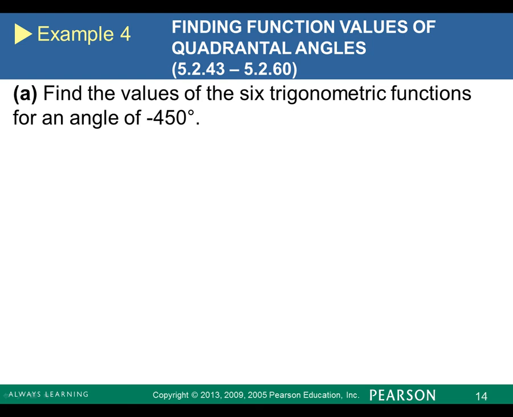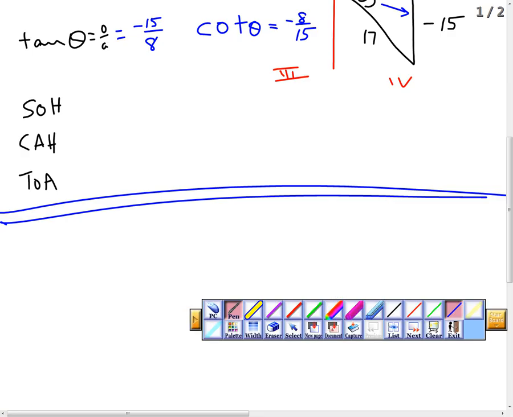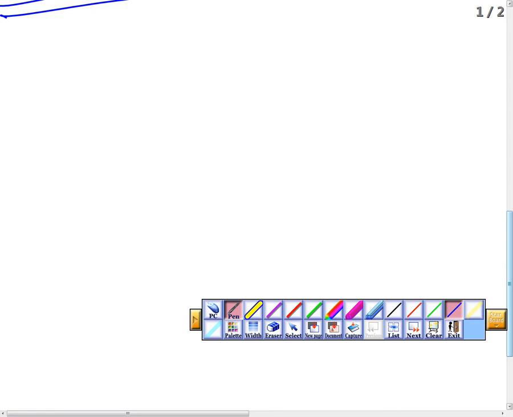All right, find the values of the 6 trigonometric functions of an angle at negative 450. All right, so it helps to draw it out.